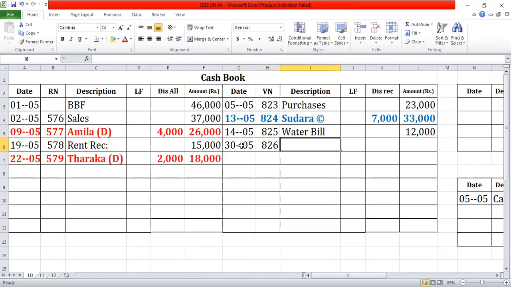We have paid Patum, a creditor, rupees 25,000 in cash. So always remember, here you record the amount paid in cash. And we have received a discount worth 5,000 at the point of the settlement.